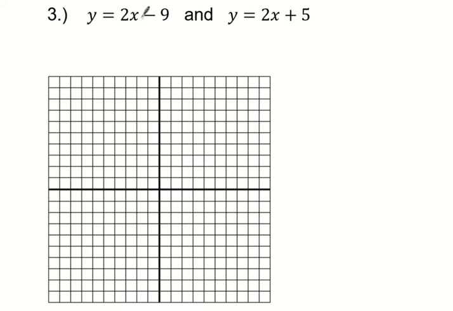So this one would have a y-intercept at -9 and a slope of up 2/1. The other equation would have a y-intercept of 5 and also a slope of 2/1.